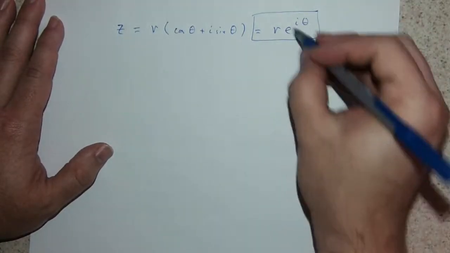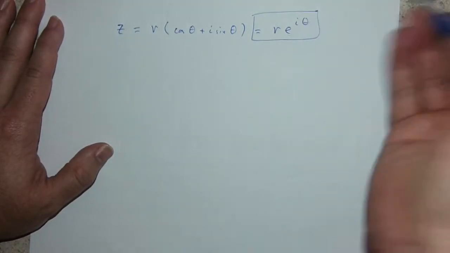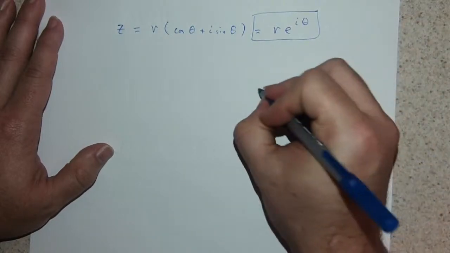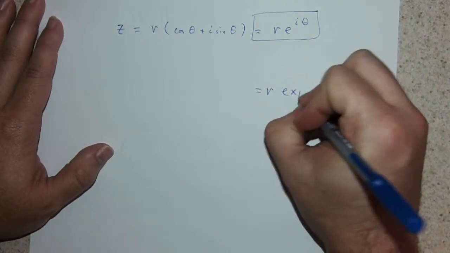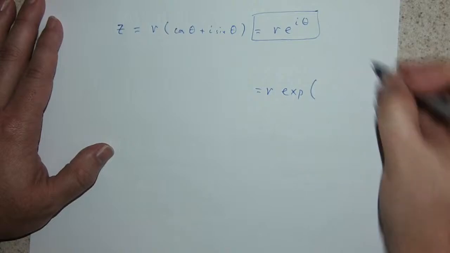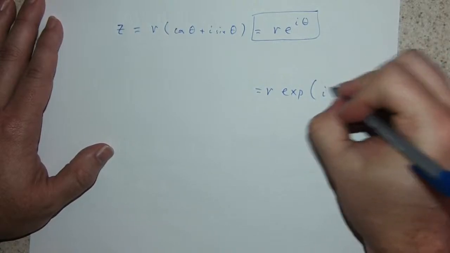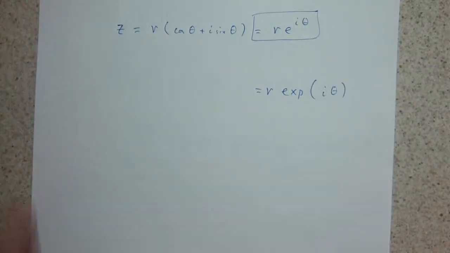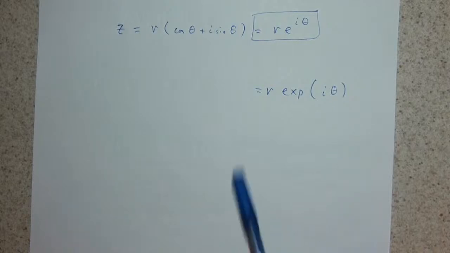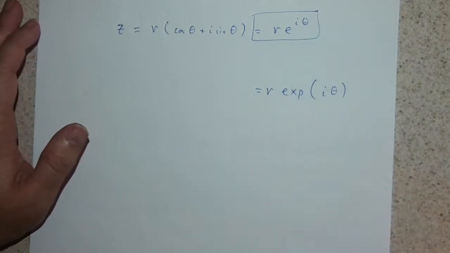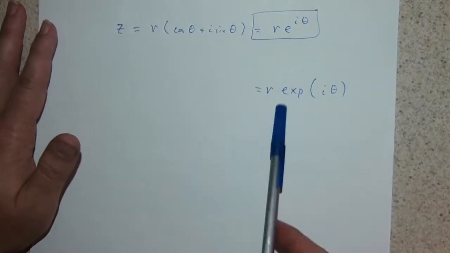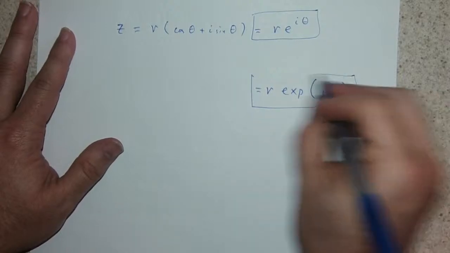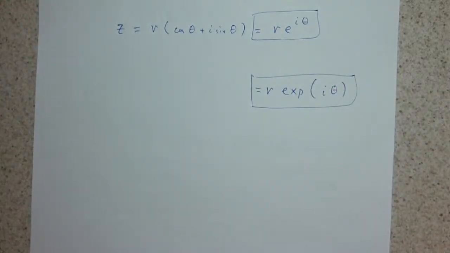A lot of times you'll see instead of e to the whatever written here, you'll have the expression r exp for exponential of whatever, so I theta in this case. All right, so of course if it's just I theta, that's not a problem, but when you have a very long expression in the exponent, a lot of times it's a lot more convenient to write this instead, so that you're writing it all in the same line.